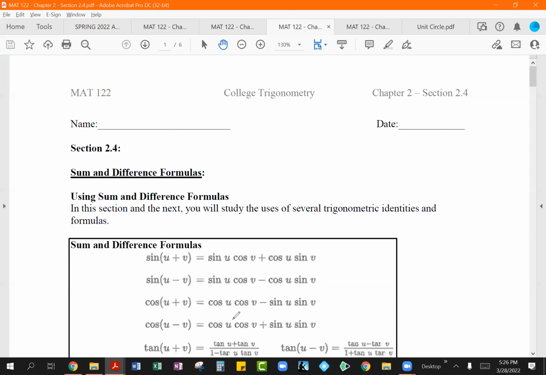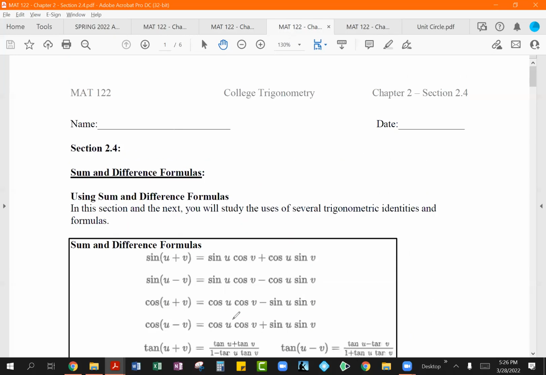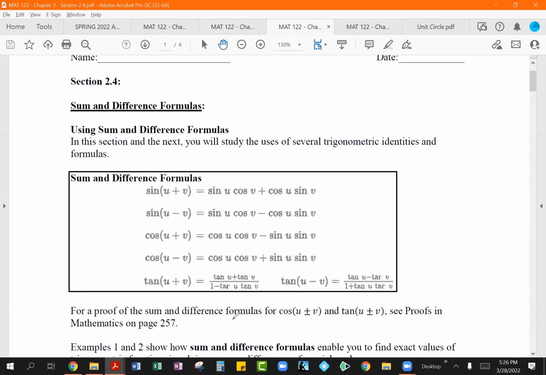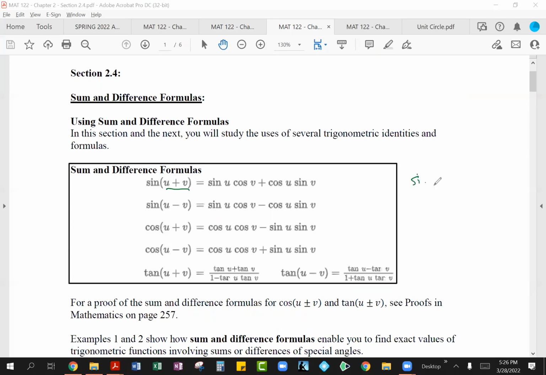Now, section 2.4 and section 2.5 are actually based on these little formulas that we have here. So how can we use the sum and difference formulas, based on whether you are using the sine, cosine, or tangent function? In this case, instead of just having a single sine of X, you now have either U plus V or U minus V with the sine, cosine, and tangent.